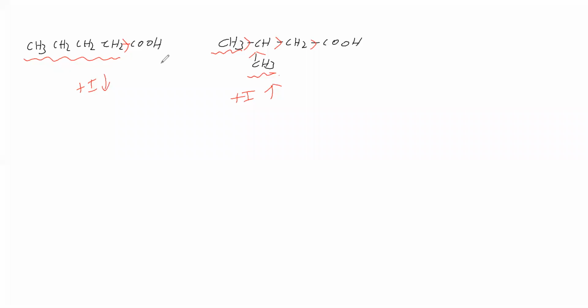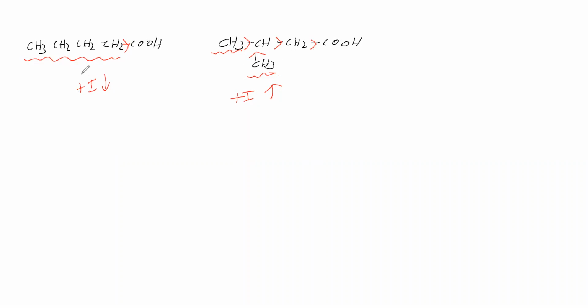Molecular formula is the same, but this length is more, this length is less. This CH3 group is closer to the carboxylic acid here. This CH3 group is far away from the carboxylic acid. Therefore, plus I effect is more here, less there.